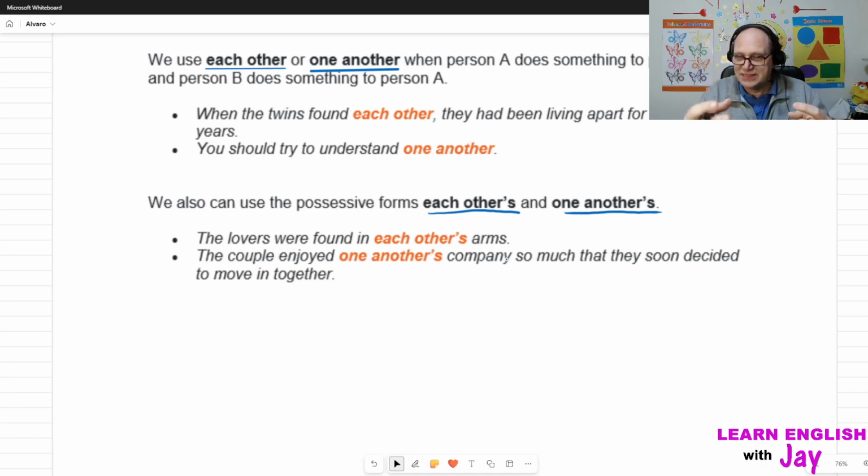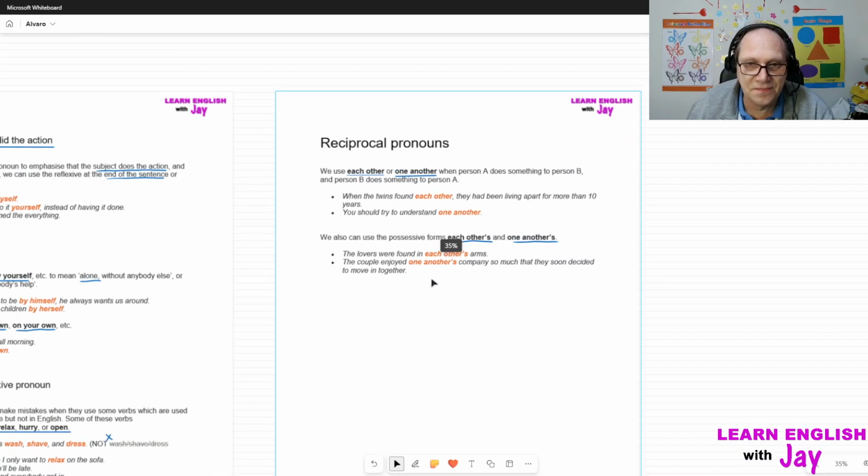The male was found in the female's arms, and the female was found in the male's arms. So, in each other's arms. The couple enjoyed one another's company. Person A enjoyed B's company and B enjoyed A's company, each other's. So we can use the possessor forms as well.